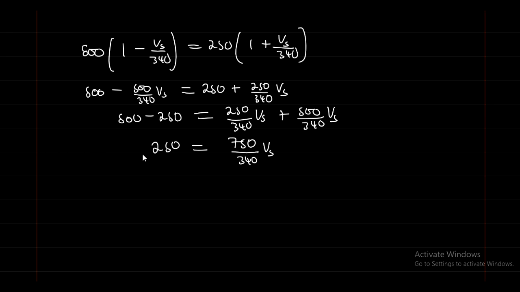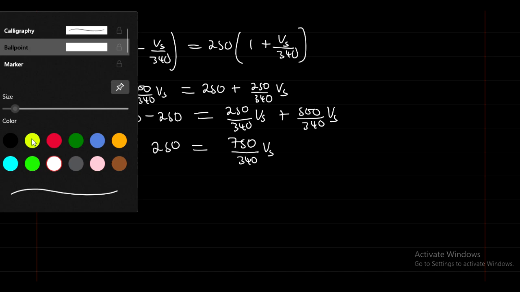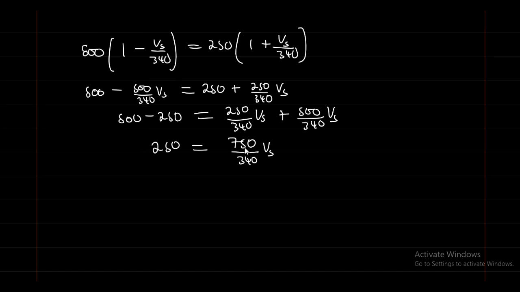If I want to solve for Vs, I'm going to multiply both sides with the reciprocal of this. I'm going to multiply with 340 over 750, even here 340 over 750. What we do on the left hand side, we must do on the right hand side.